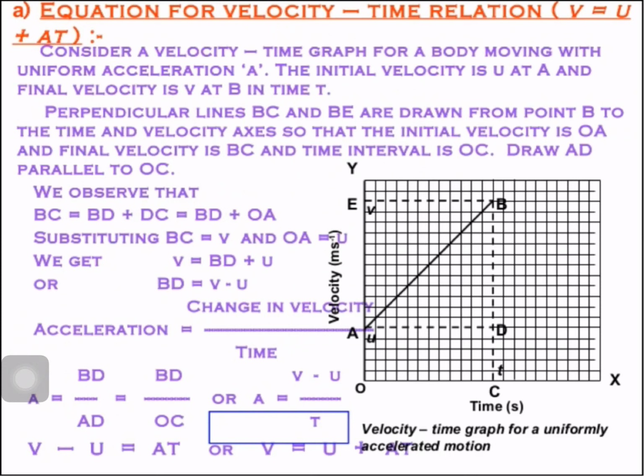So we can write A equal to BD by AD, or BD by OC. Then you can substitute BD as V minus U, and OC as T. So finally you get V minus U equal to AT, or V equal to U plus AT.